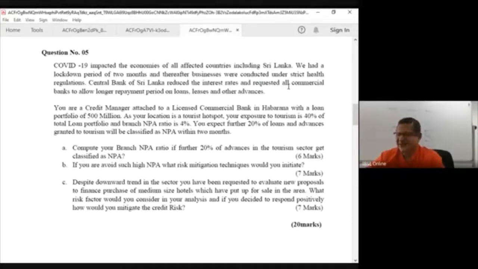Then on the counterparty risk side, any new proposals, you can apply what we have been taught, how to avoid counterparty risk by proper loan origination, proper evaluation, then very concerted monitoring. These are third areas of how to avoid risk.